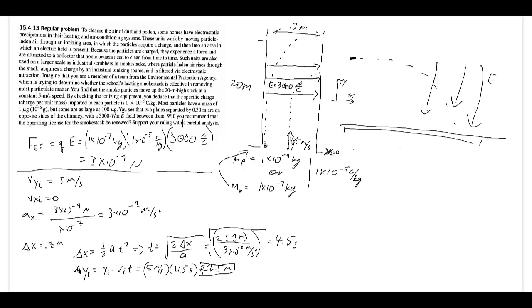So on the question, will you recommend that the operating license for your smokestack be renewed? I would say 100 times yes. The heaviest particles are making it out of the smokestack, even if this E field is applied the entire way. We could do analysis of the lighter ones, but I think it's safe to assume that those might not make it out.